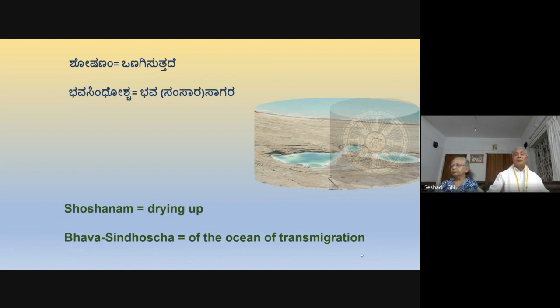What does it do? Bhavasindoscha Shoshanam. The entire ocean is dried up. What? Samyak. Totally. You can understand a huge ocean, and that ocean is totally dried up. By what? The Paduka of the Guru.